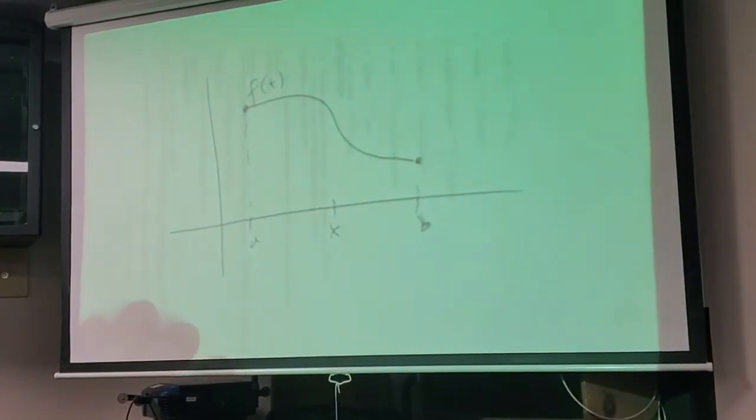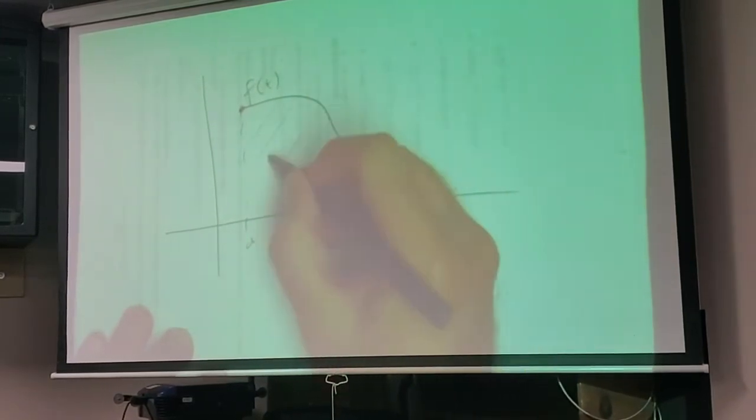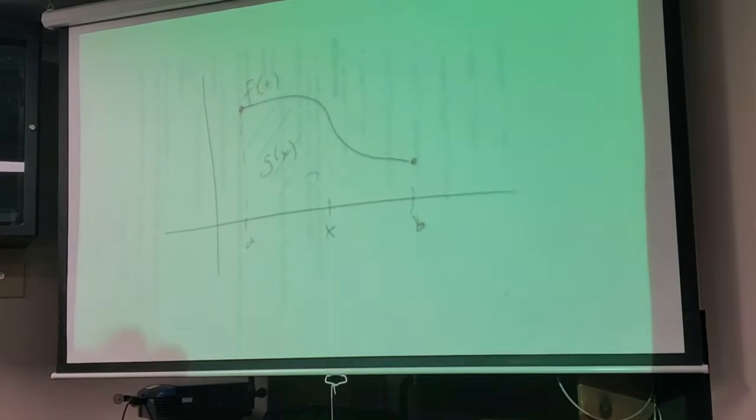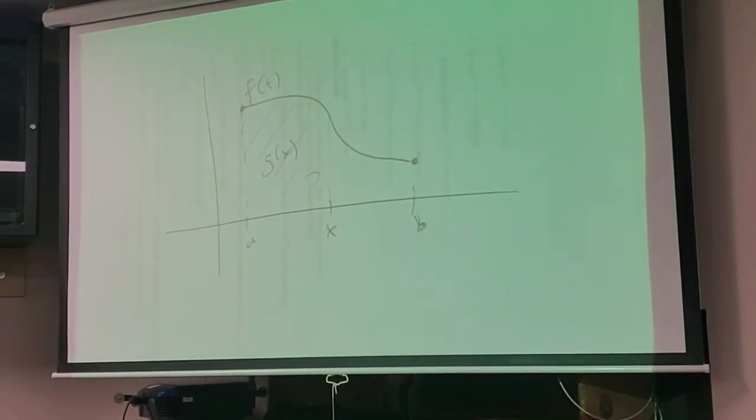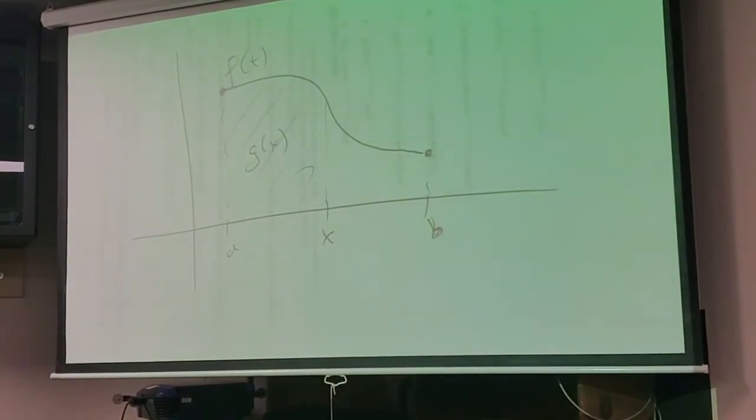There's my x. So this would be g of x. Is that cool? This is basically just a visual of what we do with this function here.